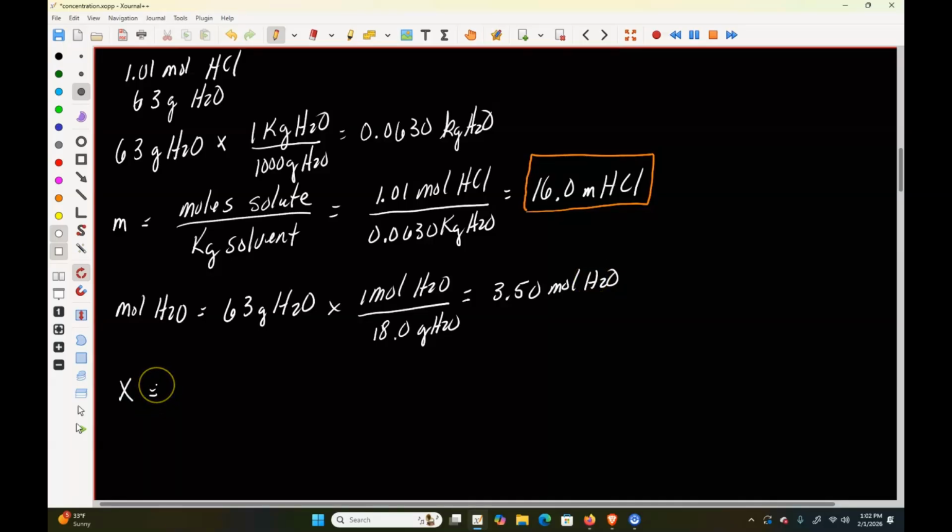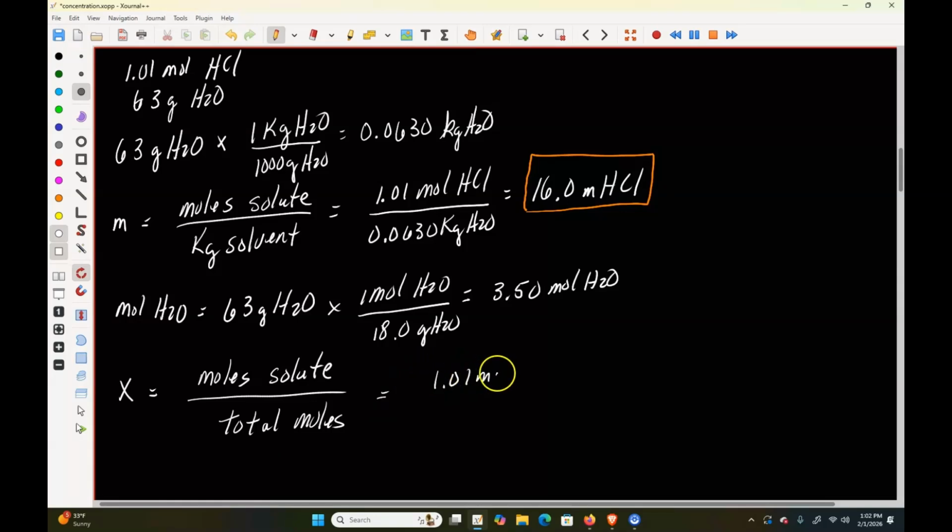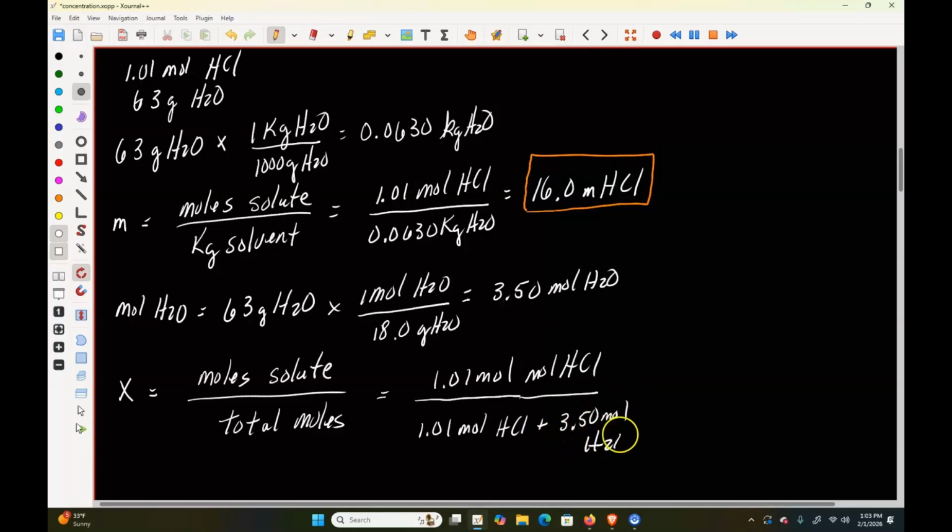The mole fraction, I have the moles. The total moles will be the moles of the HCl plus the moles of the water. I have 1.01 moles of HCl plus 3.50 moles of H2O.